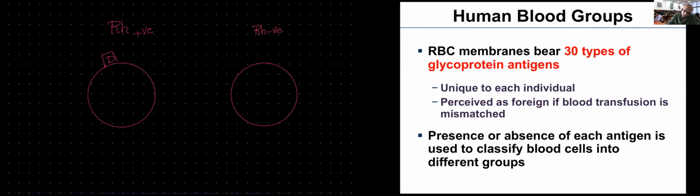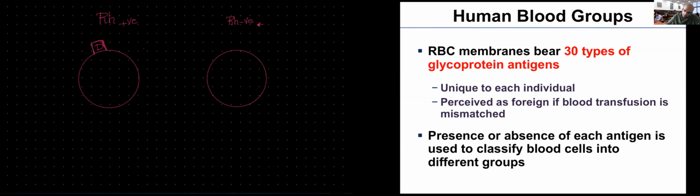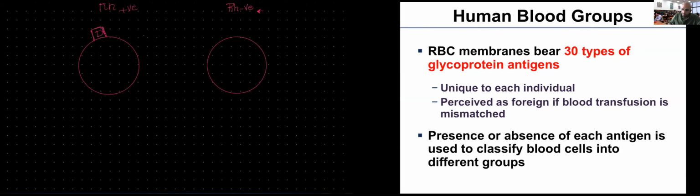All right, so we're looking here. If I am RH positive, it means I am presenting antigen D on the surface of my red blood cells. If I don't have antigen D presented on the surface of my red blood cells, I am RH negative. All right, so antigen D, if I'm looking here at the genetics behind the RH, if you remember, your chromosomes are arranged in pairs.